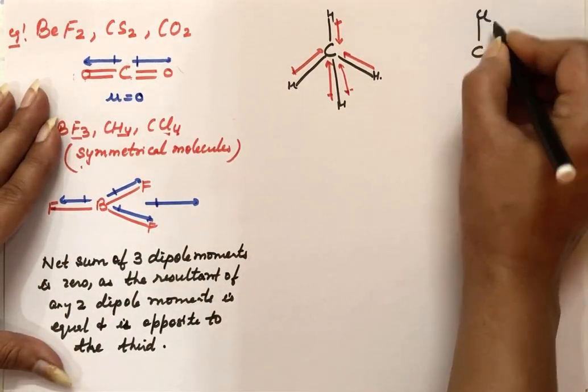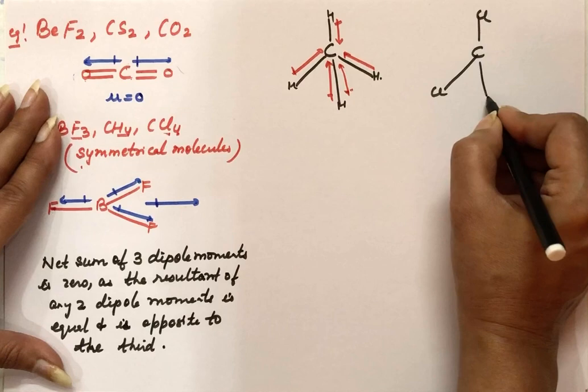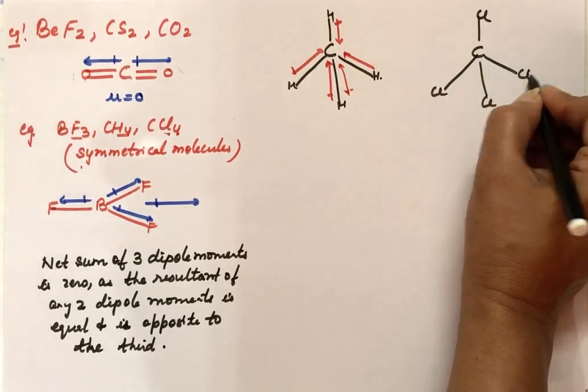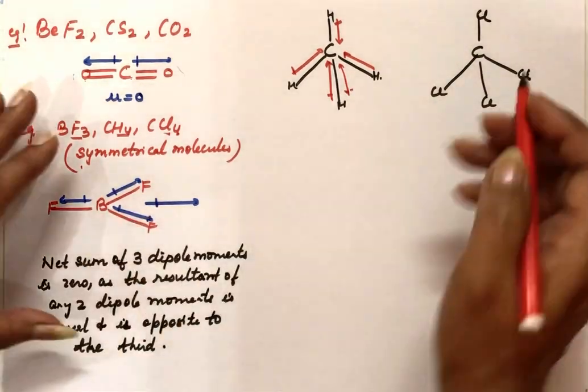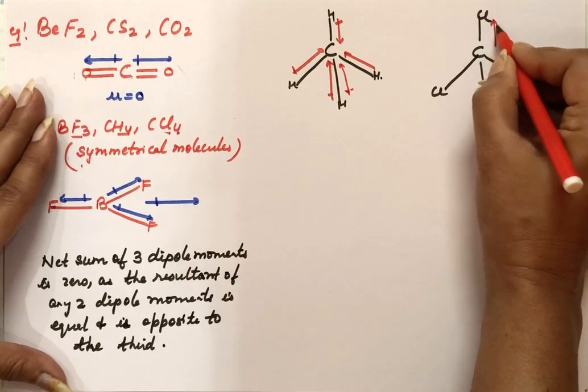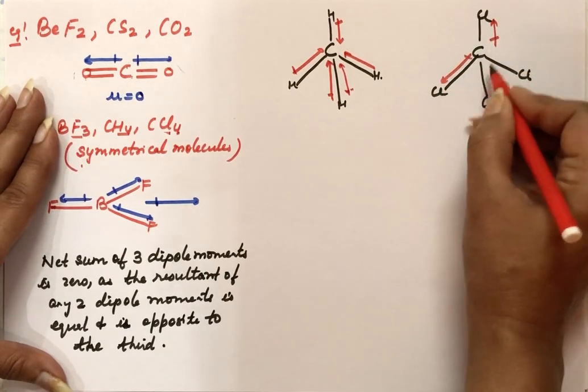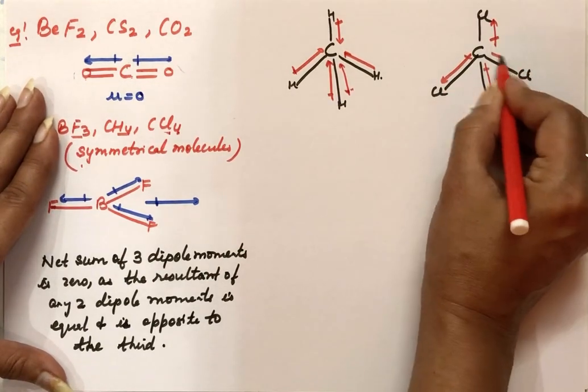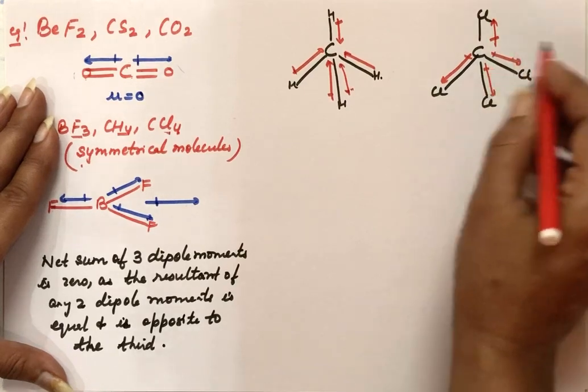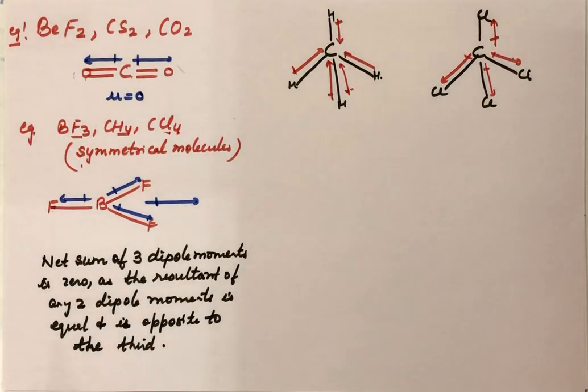Similarly, if we take CCl4, then also carbon does not have any lone pair of electrons and outer atoms are same. Here the direction is towards the Cl because Cl is more electronegative, but still the resultant of all these bonds cancel out each other and on the whole the molecule will become non-polar in nature. So all these are examples of non-polar molecules where the resultant dipole moment will be 0.